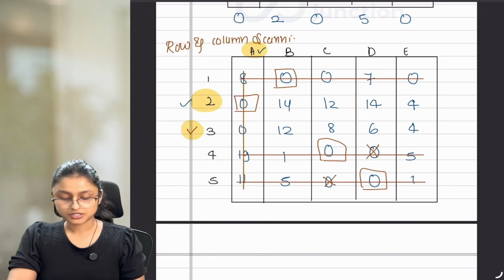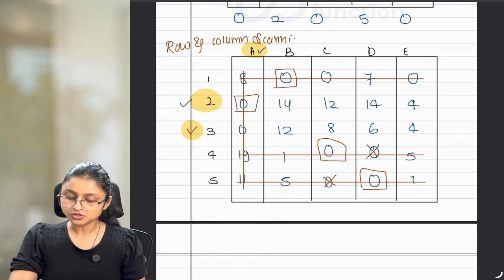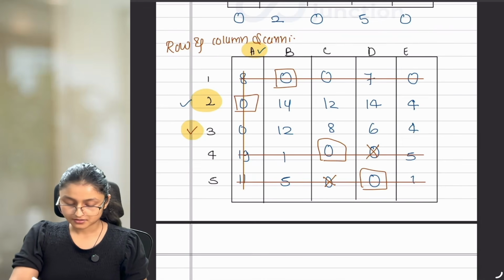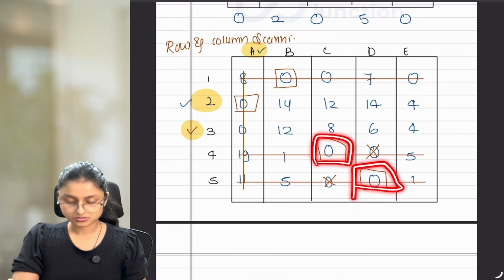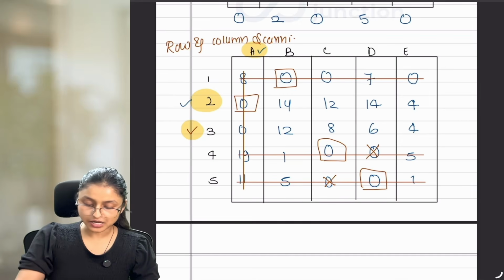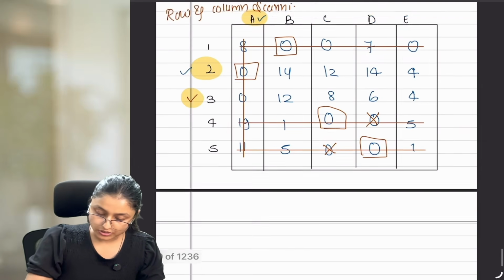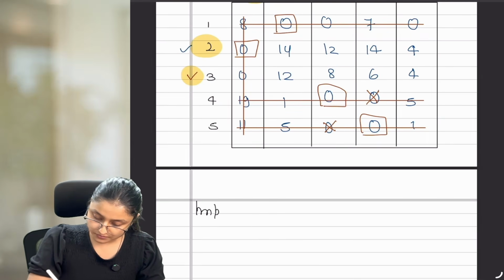In this case, you have to do this ticking method, with the help of which you will find out which particular row or column you have to cross due to this random selection. Okay? After finding this out, now nothing is new, you can do your improved matrix calculation.